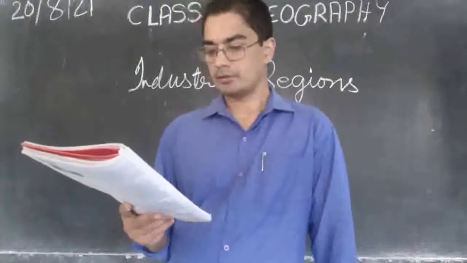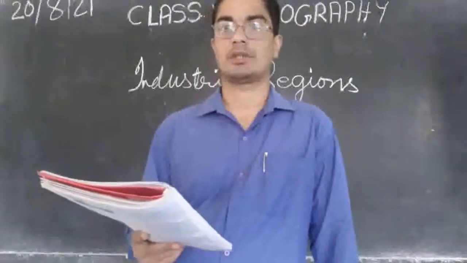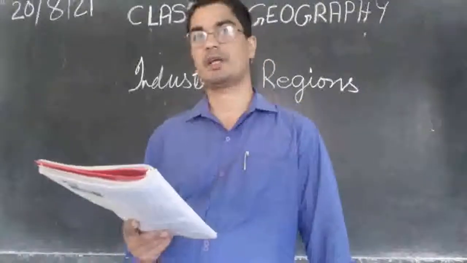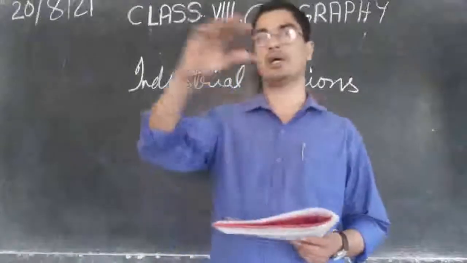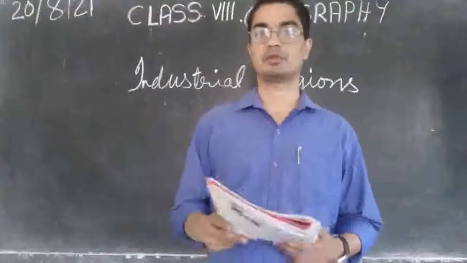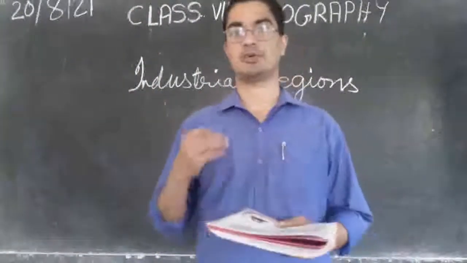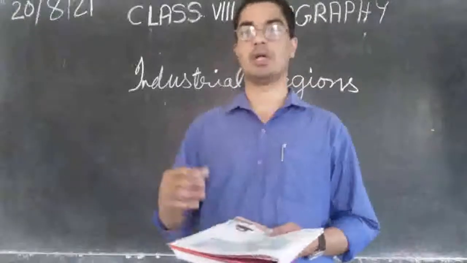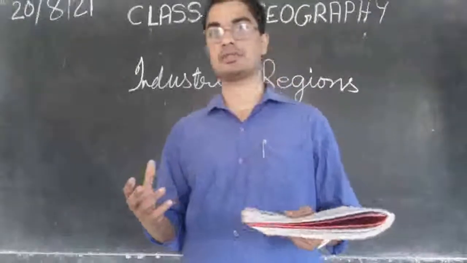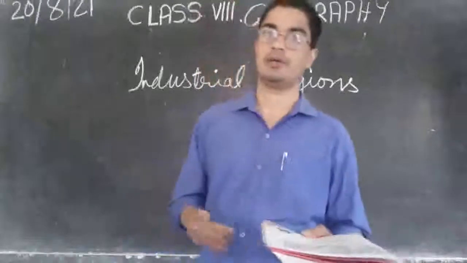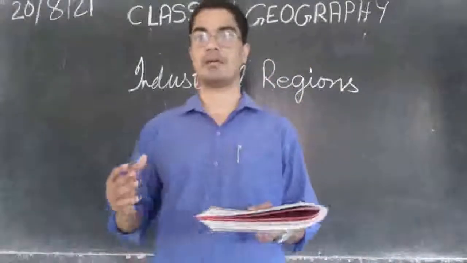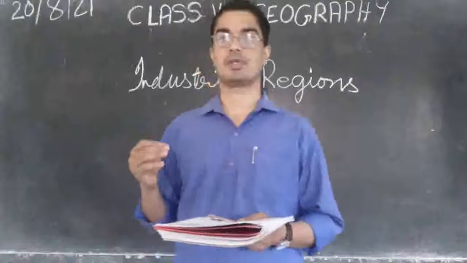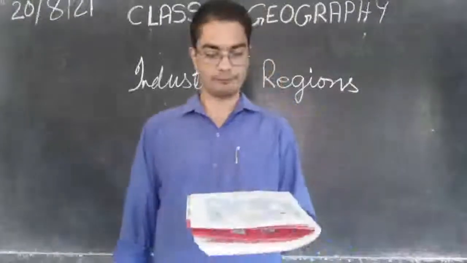Then what happened? The gas started leaking out and a lot of people were there inside, and even people who were living nearby also suffered. All those who were breathing this poisonous gas lost their life. Some of them became handicapped, some of them became sick forever, and so on.